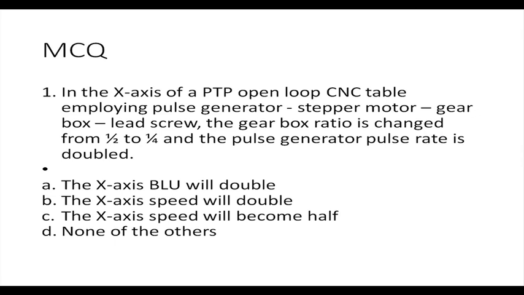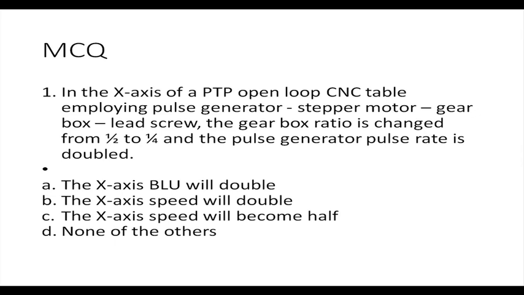In the x axis of a point to point open loop CNC table employing pulse generator, stepper motor, gearbox, lead screw, the gearbox ratio is changed from half to 1/4 and the pulse generator pulse rate is doubled. So, there are two changes.